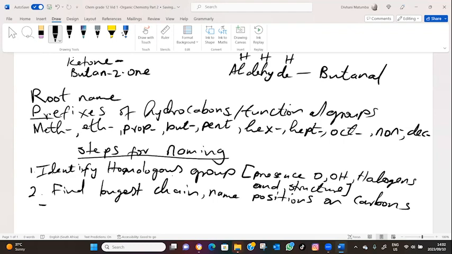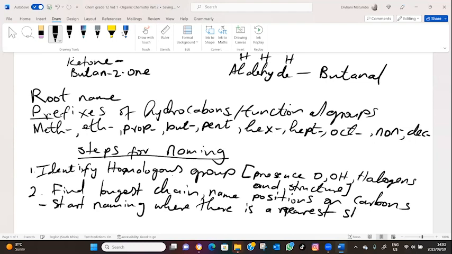So on this one, you must start naming where there's a nearest substituent.